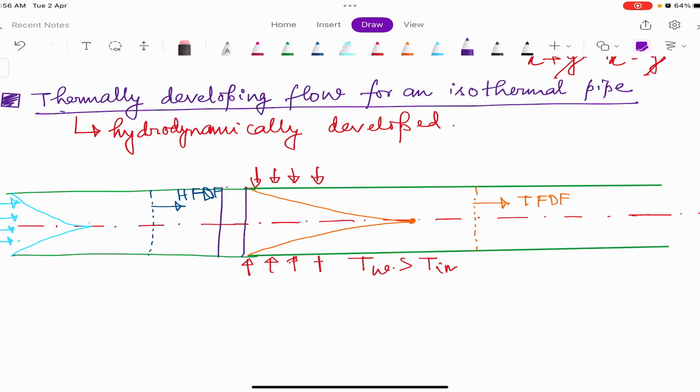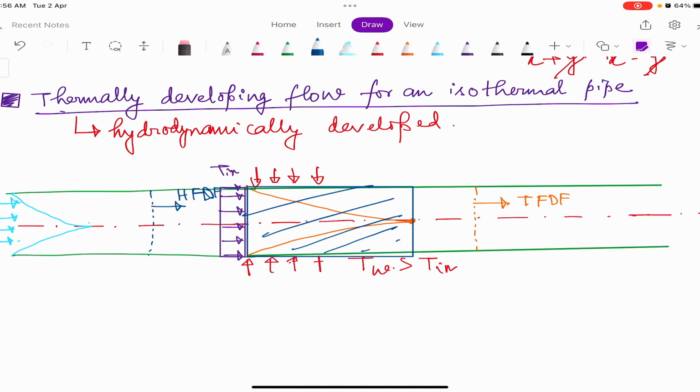So T wall can be more than T in, or it can be less than T in. We are interested to find the solution in this region, that is the thermally developing region.